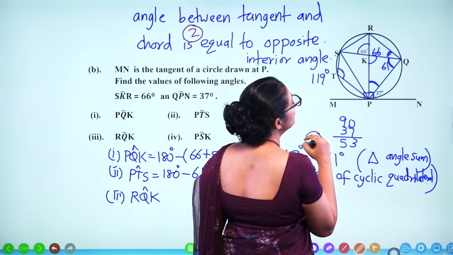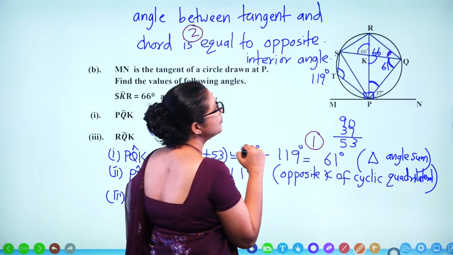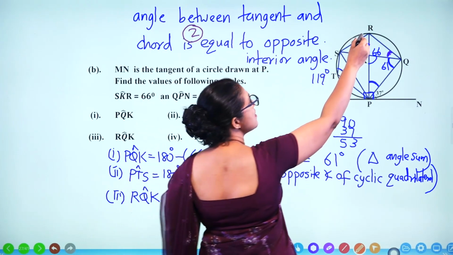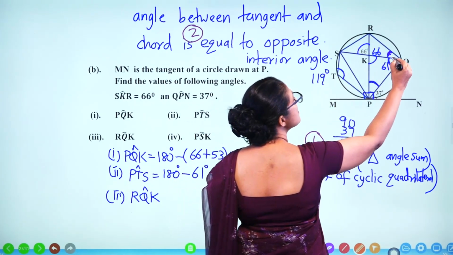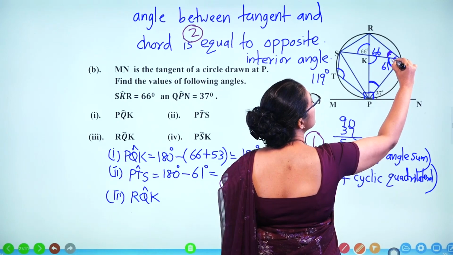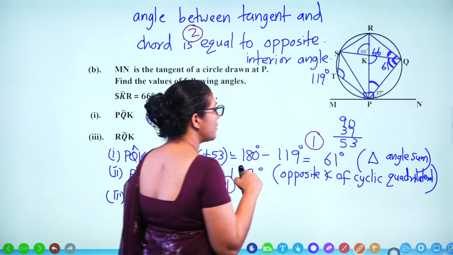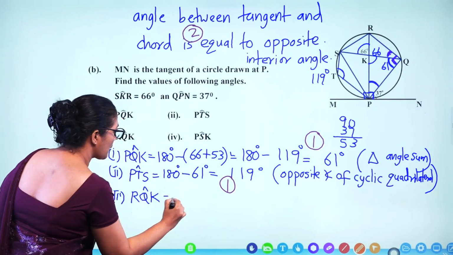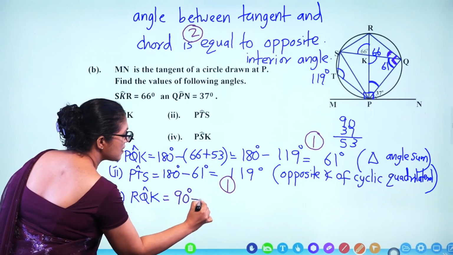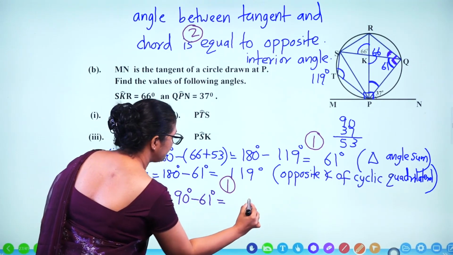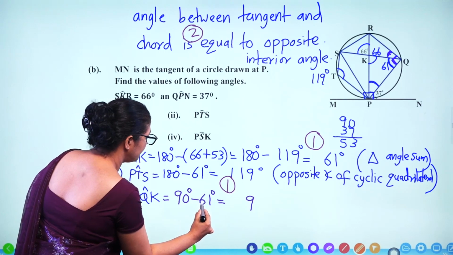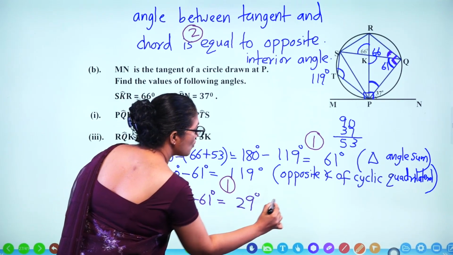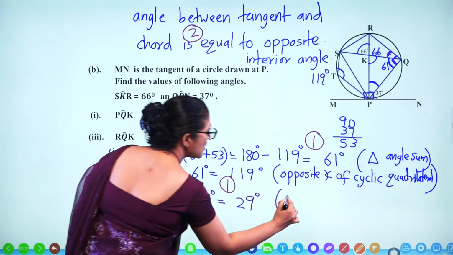Here, this is the diameter, so this is 90 degrees. This is 90 minus 61. 90 minus 61 is that angle, 29. So you can write down semicircle angle.